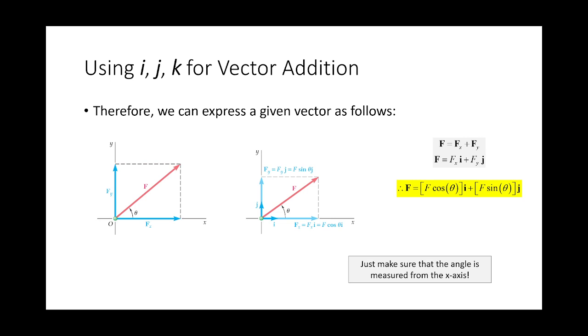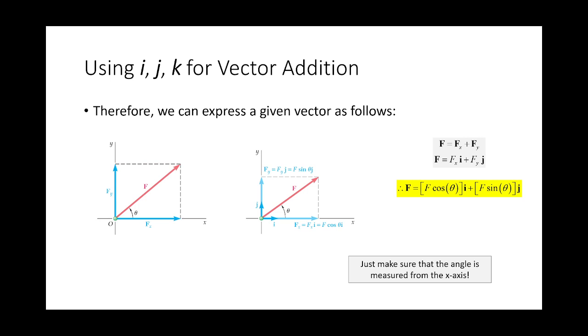Whatever the magnitude is along the x-axis times i plus whatever the magnitude is along the y-axis times j. Because this notation does afford us the opportunity of separating magnitude and direction, because it's a magnitude times a direction plus a magnitude times a direction.